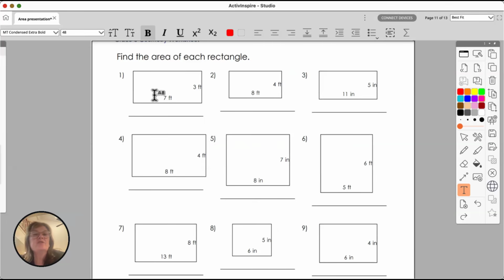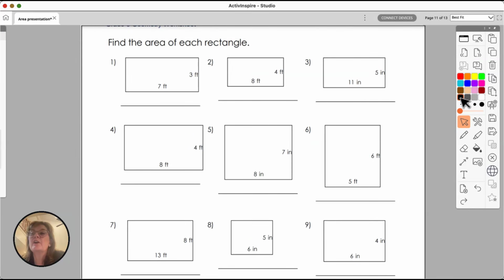All right, so let's look at these rectangles. Notice we don't have any squares, so we can't count here. We have to multiply. We're given the numbers. You can see we have the number 7 right here. This is a 7, so this side is 7 and this side is 3. So what would we do? Notice we also have a unit, feet. So it wouldn't be unit squared, it would be feet squared.